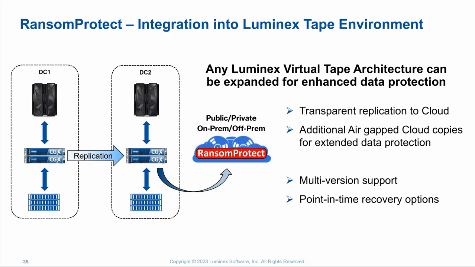It's transparent replication to the cloud, so it's a service that we put on the virtualization layer talking to the S3 repository. The S3 service gives you your air-gapped copy, and it can be used either as an additional air-gapped copy just for extended data protection within your current data center processing, or as a full-blown Ransom Protect version with multi-version support and point-in-time recoveries.